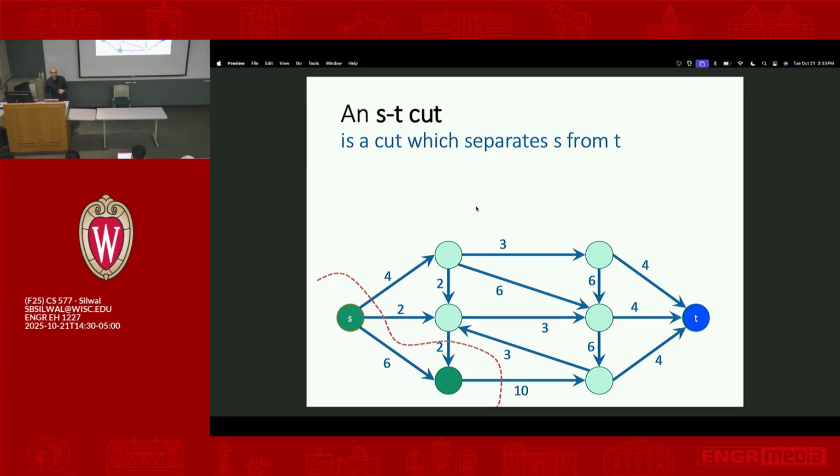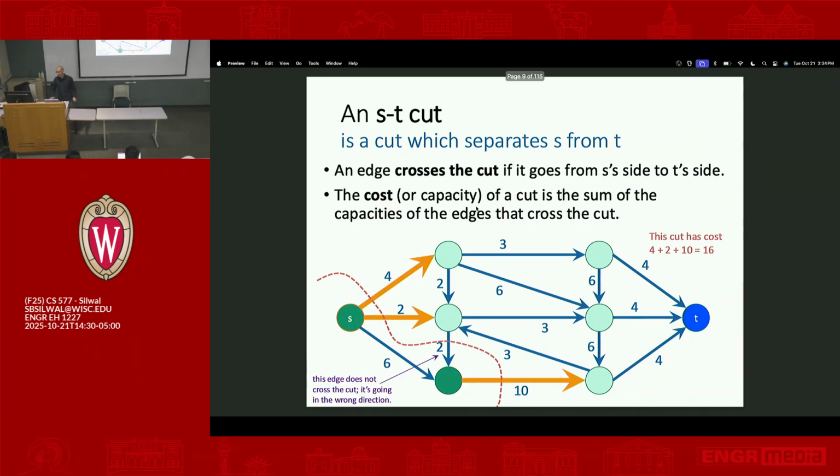Now, what is the value of the cut? This time, rather than the value of the cut being how many edges cross, we have to keep track of the orientation. Essentially, we only count the edges that go from the S side to the T side.